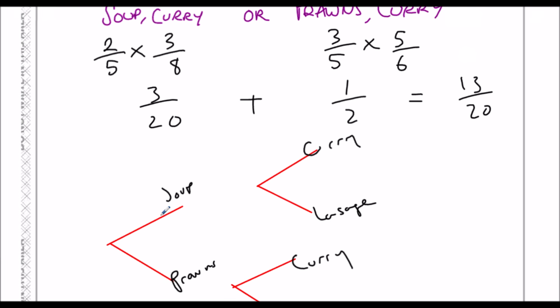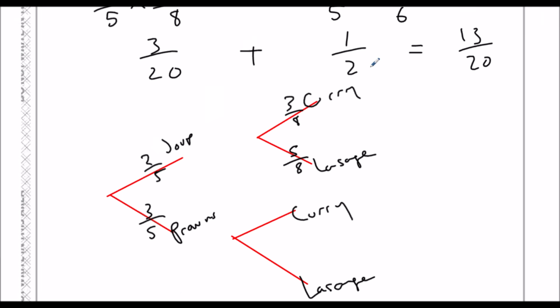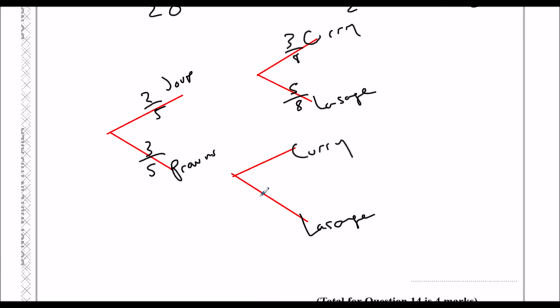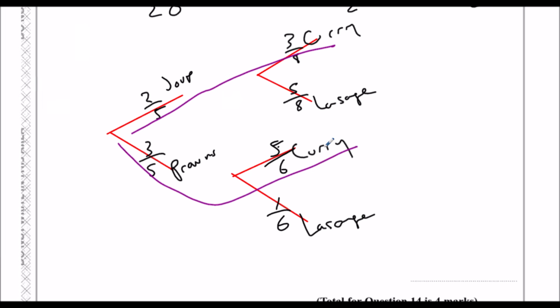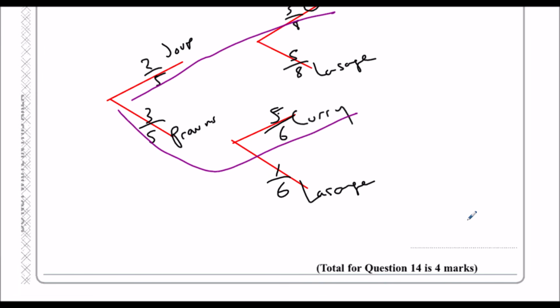So it was 2/5, 3/5, and soup curry was 3/8, 5/8, and prawns curry was 5/6 and 1/6. So we could have used this tree diagram, and we would have had soup curry or prawns curry. They would have been our options. Either way, we're ending up with this answer of 13/20.